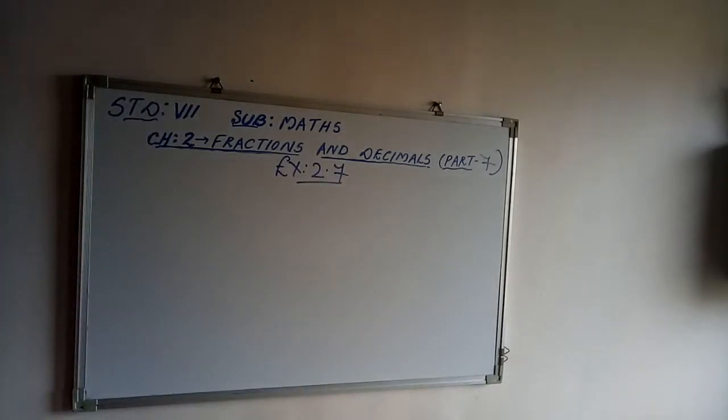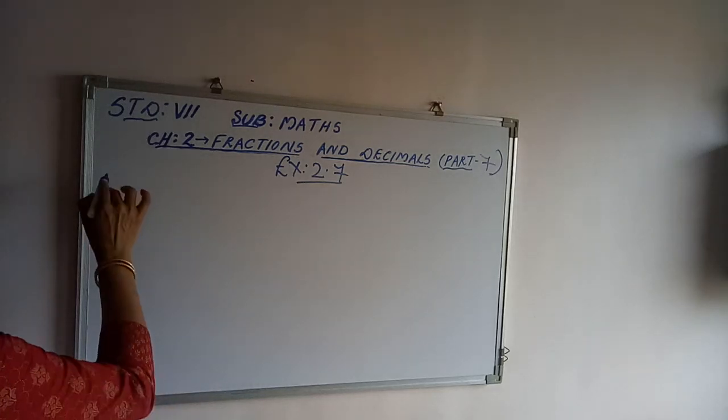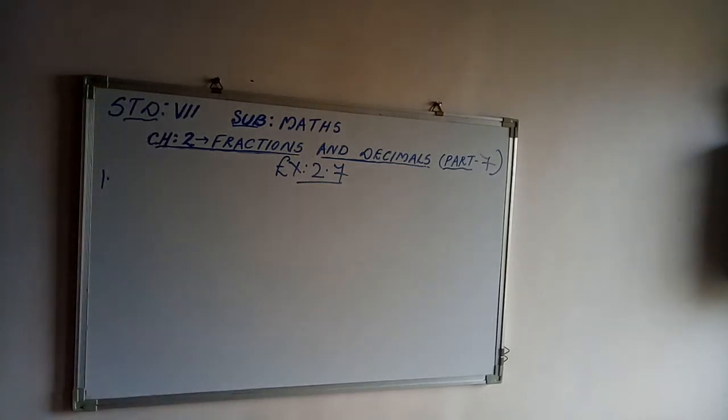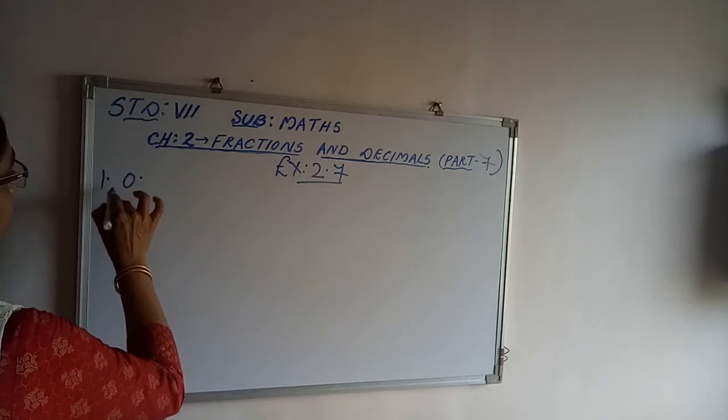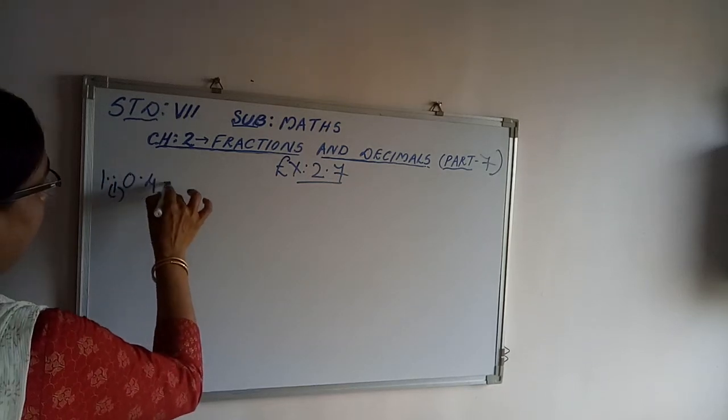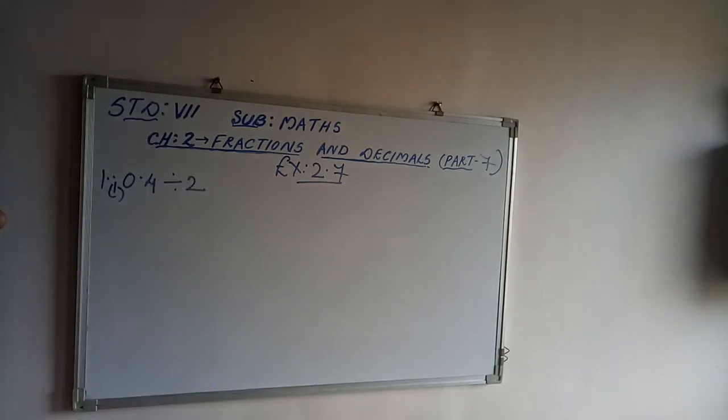So the first question in that exercise 2.7, that is find 0.4 divided by 2, that is division of a decimal number by a whole number. 0.4 divided by 2. Here I am going to solve this by two methods.